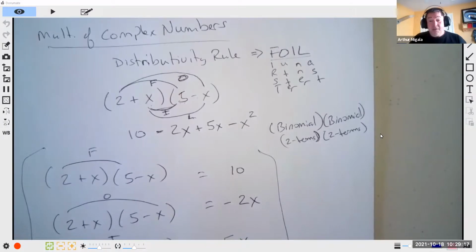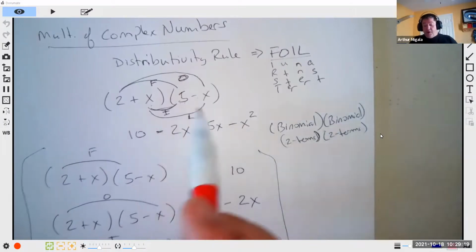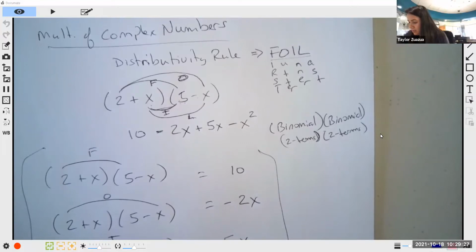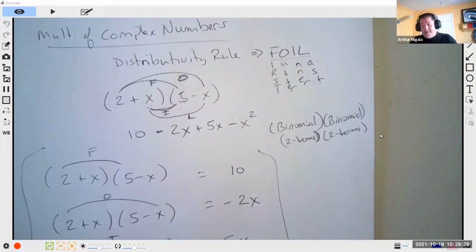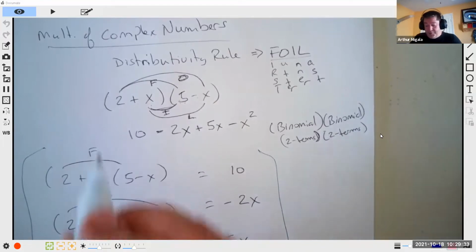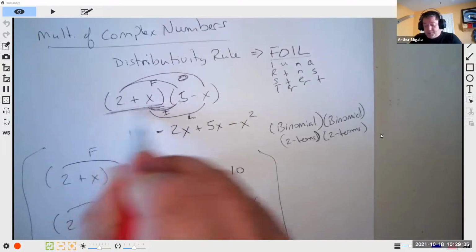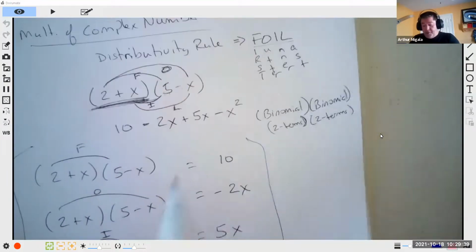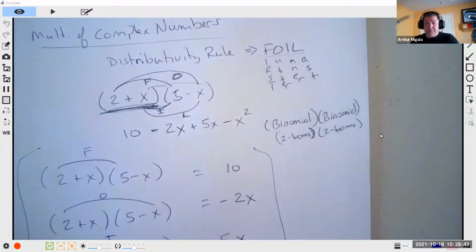Anything else, if one of them or both of them are bigger or smaller, then we cannot use the FOIL method. Gotcha. So the FOIL method only works in this case. That's why I like to teach the distributivity, because what you're really doing is taking this whole first parenthesis and multiplying it to both of those numbers.